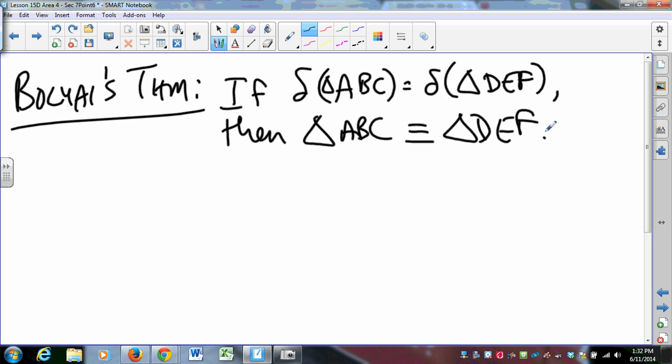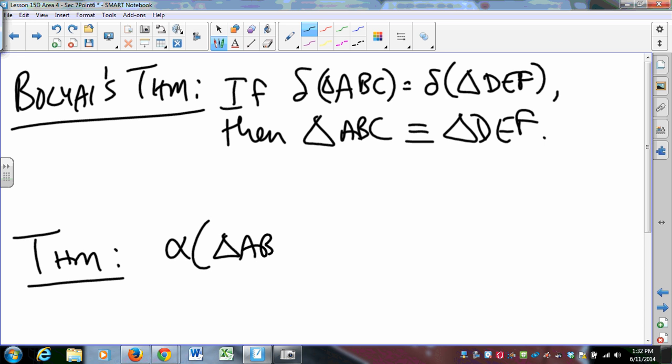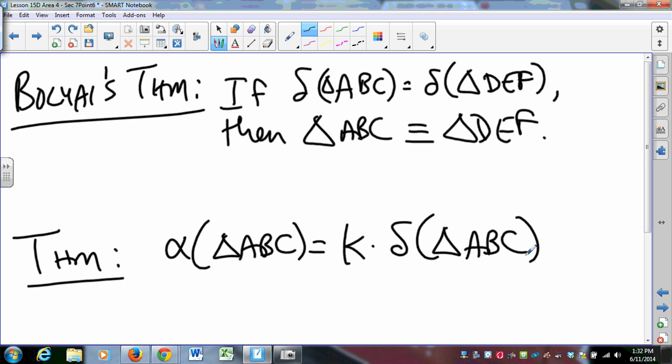There is one other theorem that is just crazy. The area of triangle ABC is equal to some constant times the defect of triangle ABC for every triangle ABC.